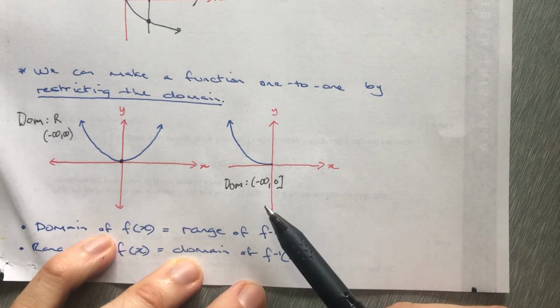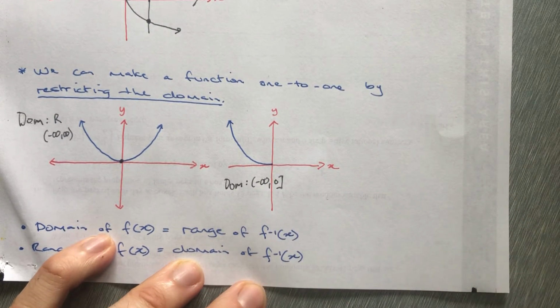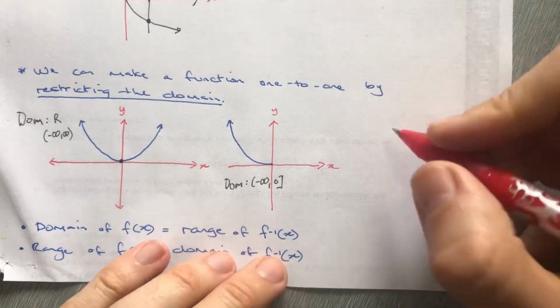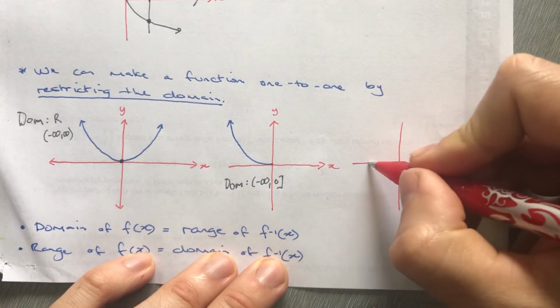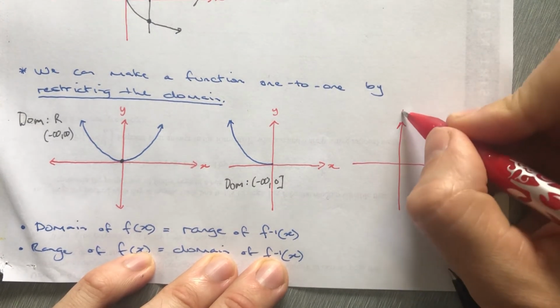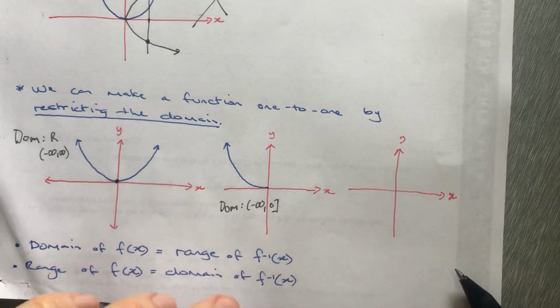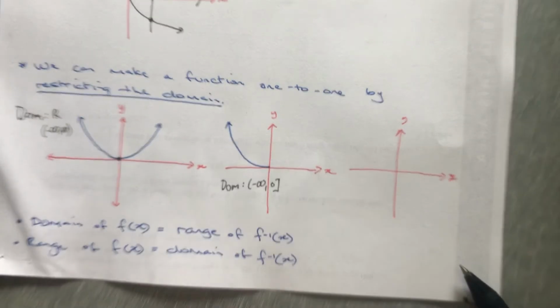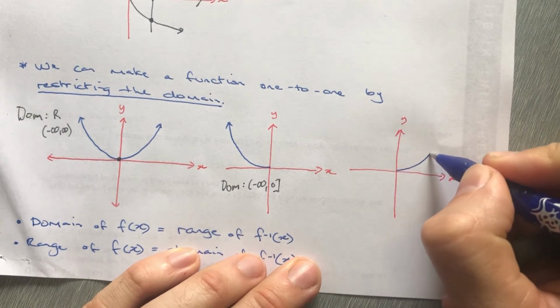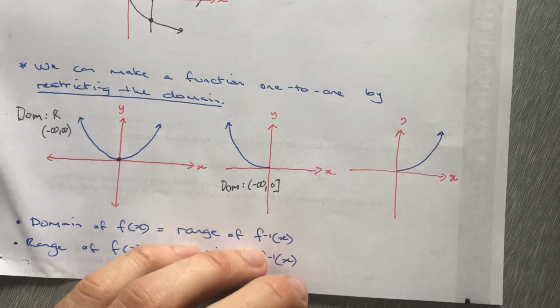But that's not the only one. That's not the only restriction that we can make to make it 1 to 1 here. We can do the other side as well. So you could decide to do that bit too.